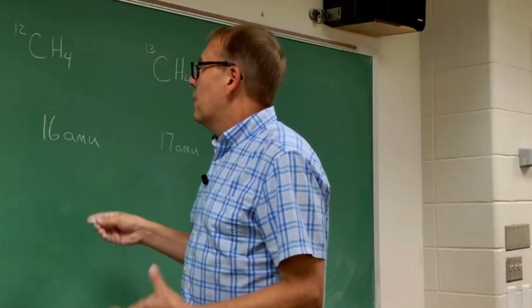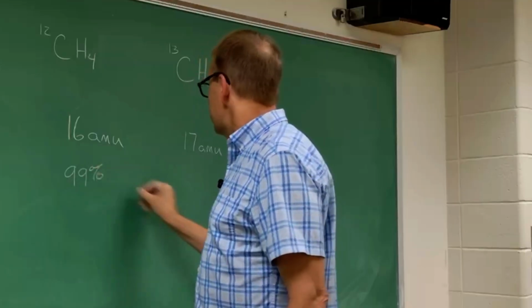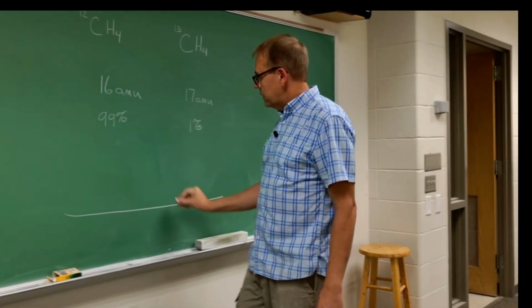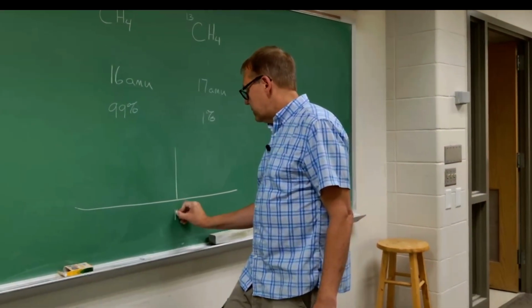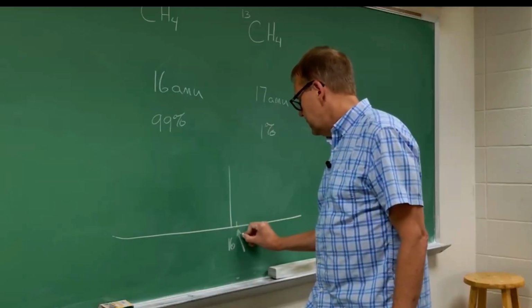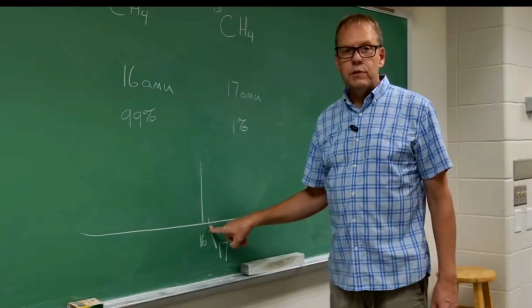The abundance of this would be 99%, and the abundance of this one would be 1%. So when you look at a mass spectrum and you look at the molecular ion region, you would see a large peak at 16 and a much smaller peak at 17 mass units. That's your molecular ion, and that's your M+1 peak.